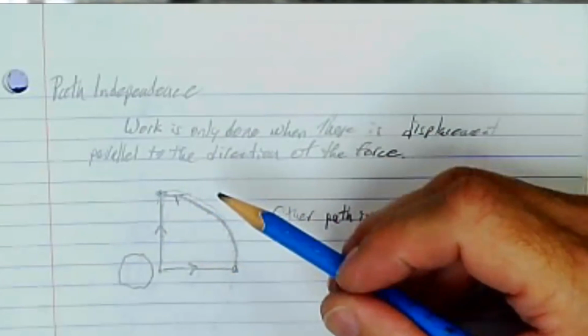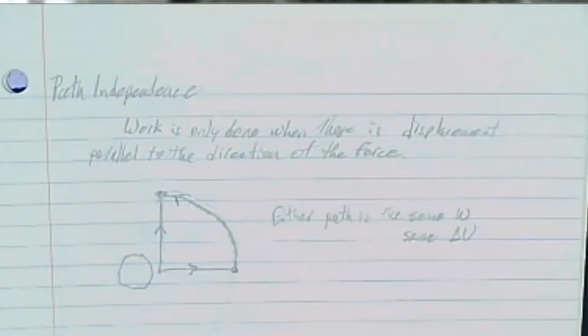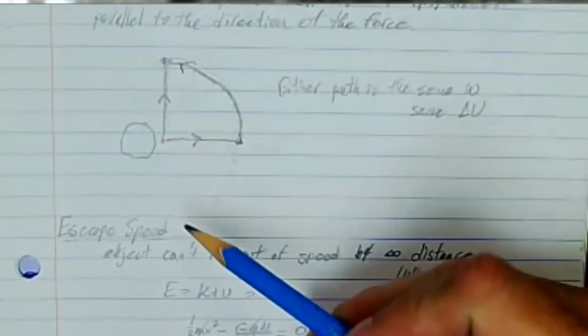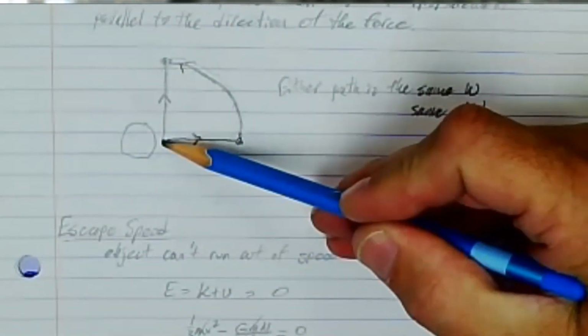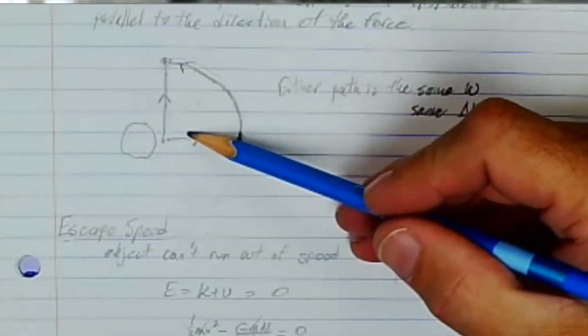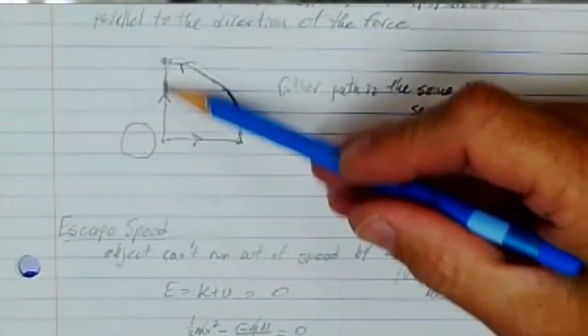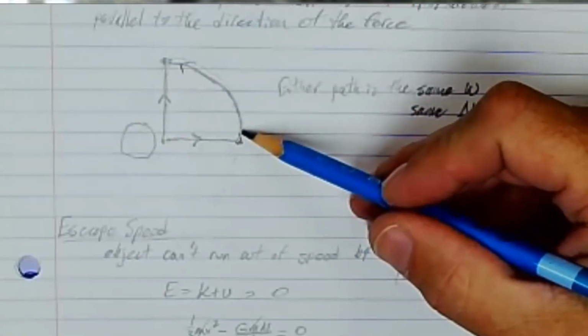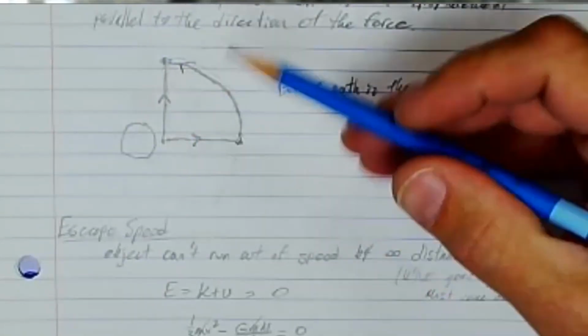So in other words, my escape speed or my escape velocity is independent of the direction that it's moving. Okay, I can begin parallel to the Earth's surface, or I can begin perpendicular to the Earth's surface, and I'll get to this altitude with the same amount of work, neglecting air resistance, of course.